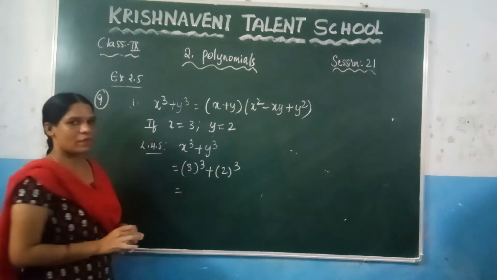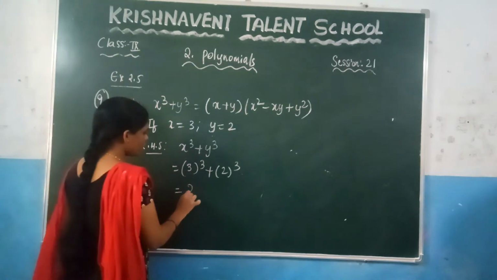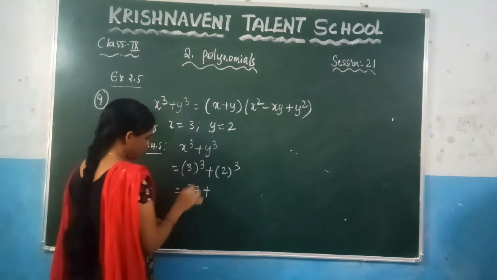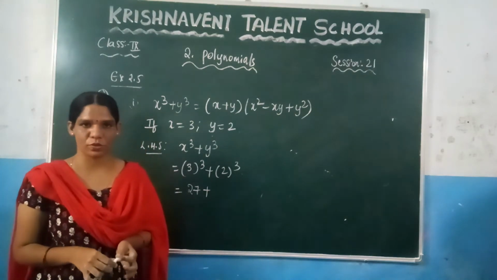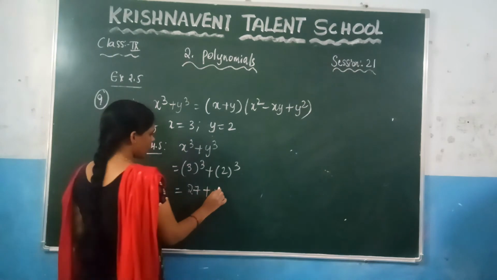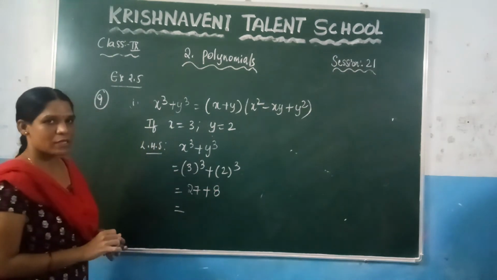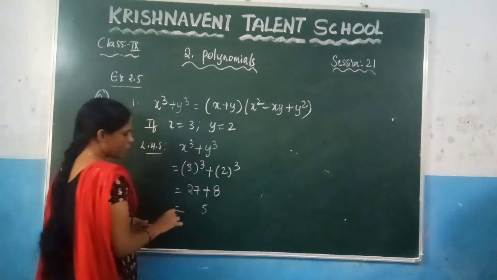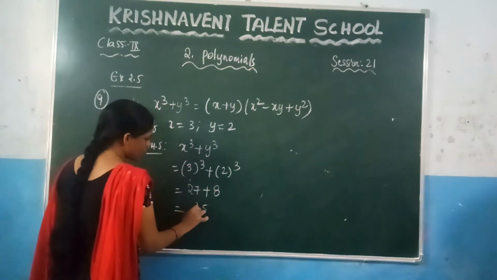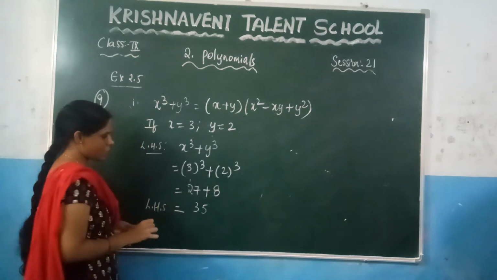What is the value of 3 cube? 3 3s are 9 and 9 3s are 27, which gives you 27. What is the value of 2 cube? 2 2s are 4 and 4 2s are 8, which gives you 8. Now what is 27 plus 8? 7 plus 8 is 15, and carrying one, you will get 35. So you got the value of LHS as 35.